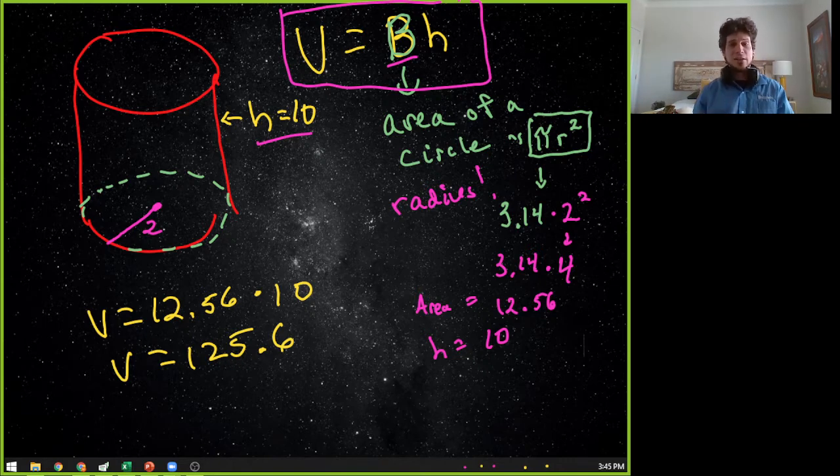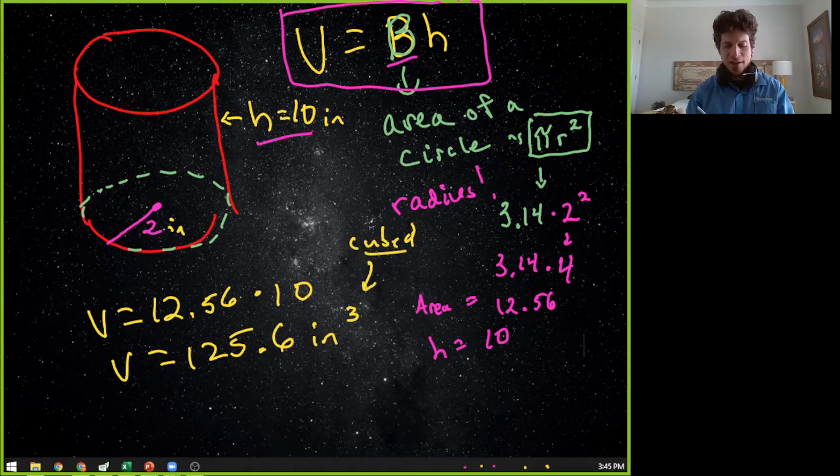Now I didn't put any units here, but let's just say these were inches. We are dealing with inches cubed, to the third power. Why? Because we are in 3 dimensions. And when we talk about volume, we talk about cubic units.